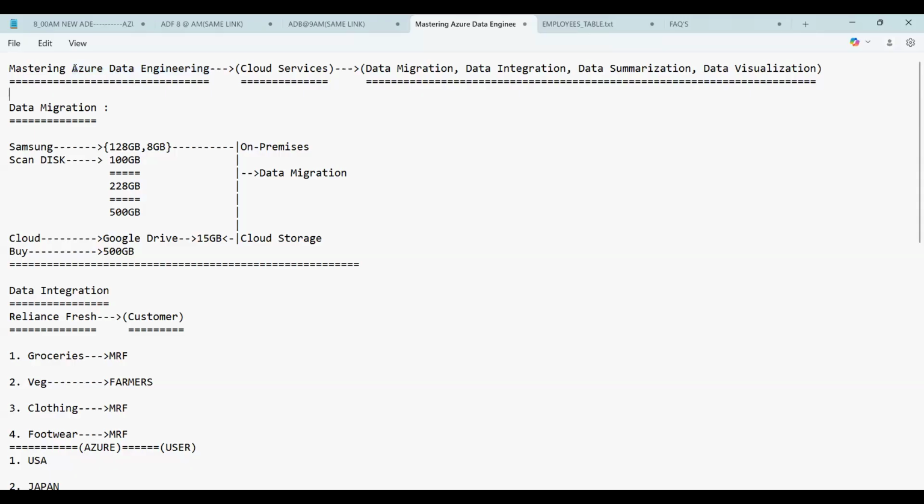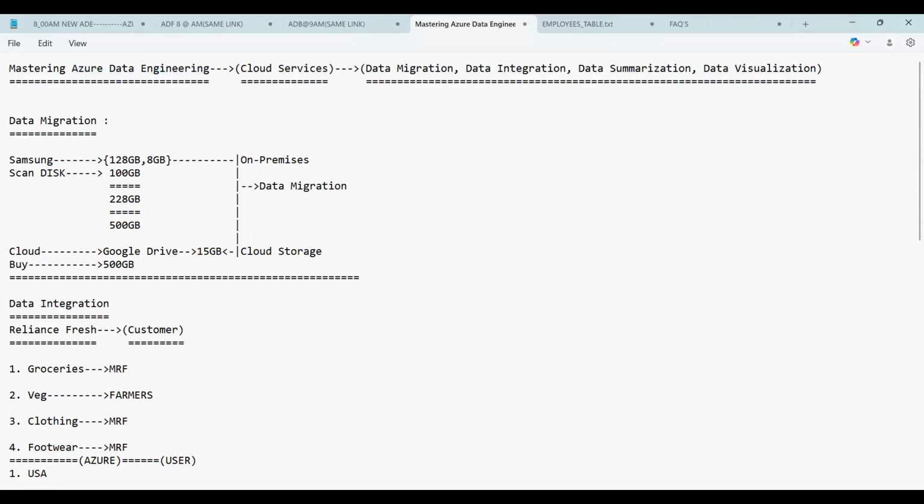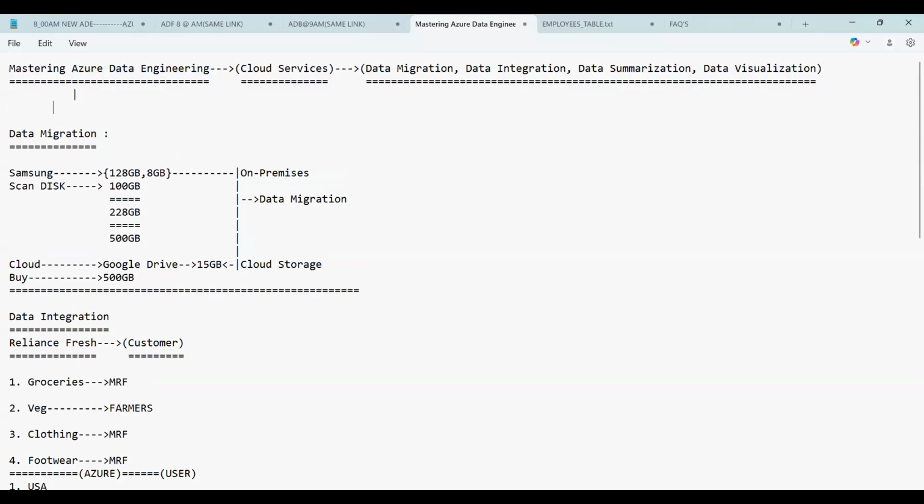As I told you, it is a bunch of cloud services. The following cloud services are included in this course, Mastering Azure Data Engineering. The first one is ADF, which stands for Azure Data Factory. The second one is ADB, which stands for Azure Databricks. And then the next one is Synapse.